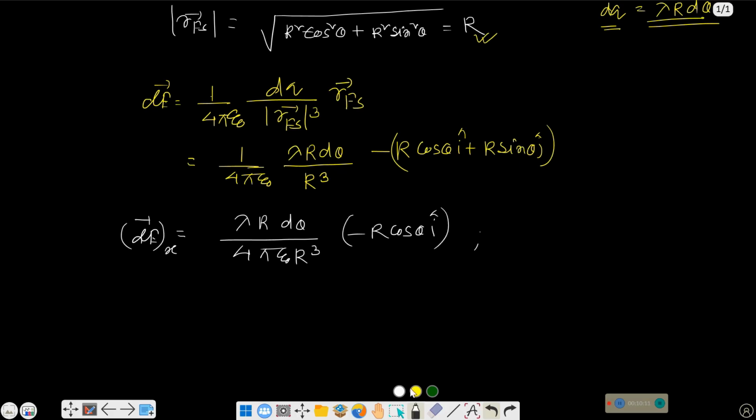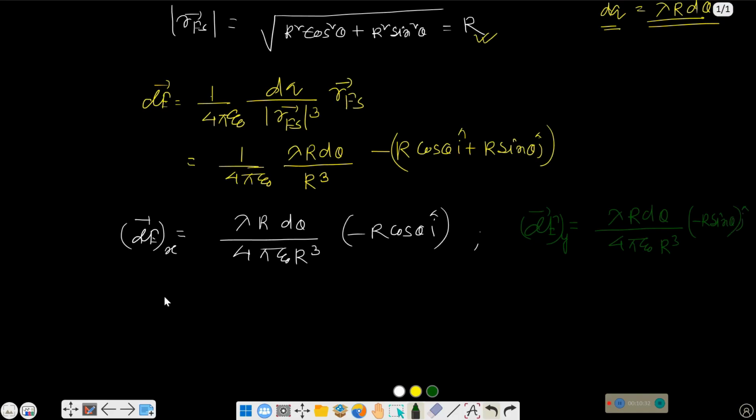And at the same time, we have the dEy component, that is lambda r d theta divided by 4 pi epsilon naught r cube, minus of r sine theta j cap.